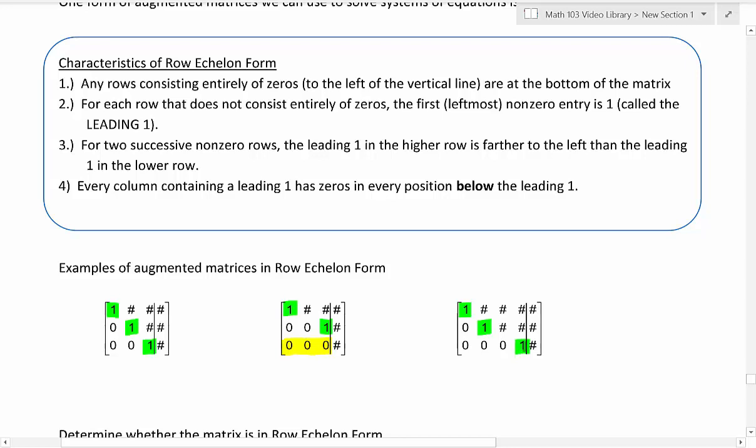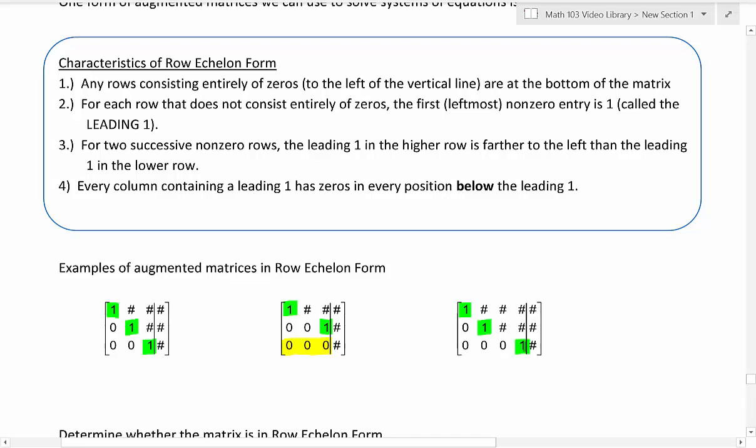Characteristic number 3 says for 2 successive non-zero rows, the leading 1 in the higher row, the row above, is farther to the left than the leading 1 in the lower row. And again, we see that happening. I kind of think of it like a stair step down of the leading 1s. So the leading 1 in the row above has to be farther to the left.